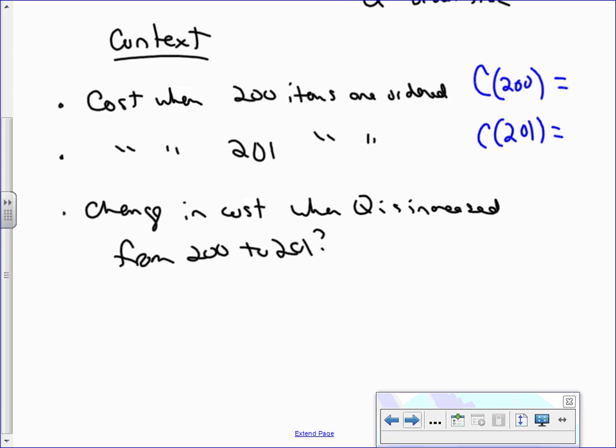What's the change in cost when Q is increased from 200 to 201? Anyone ask you to find the change in something? What operation is that always? Subtraction. So this is asking you to find the cost of 201 and subtract the cost of 200. So I might skip over the first two questions and go straight to the third question, right? It requires you to do the first two questions.